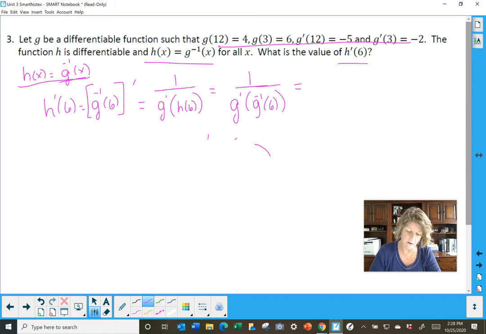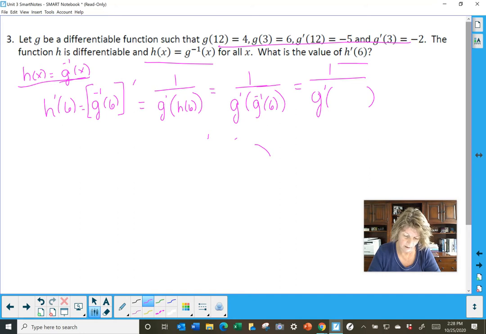Now I hope I can use some data that they gave me in the description of the problem. g inverse of 6. Is there anything? g of 12, g of 3, g prime of 3.